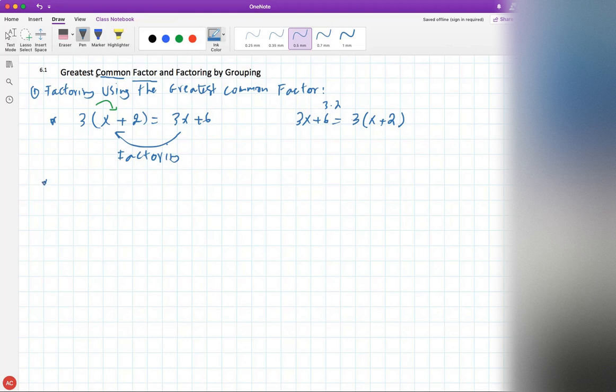It could be a number, or it could be a number and letters, depending on what the expression is. Let me give you another one. For example, 5x to the second minus 15x. So that's again another binomial. It doesn't have to be a binomial. It could be any sort of polynomial.